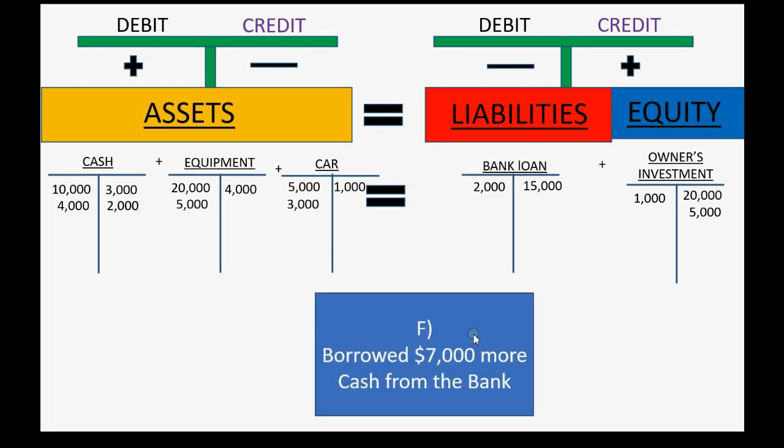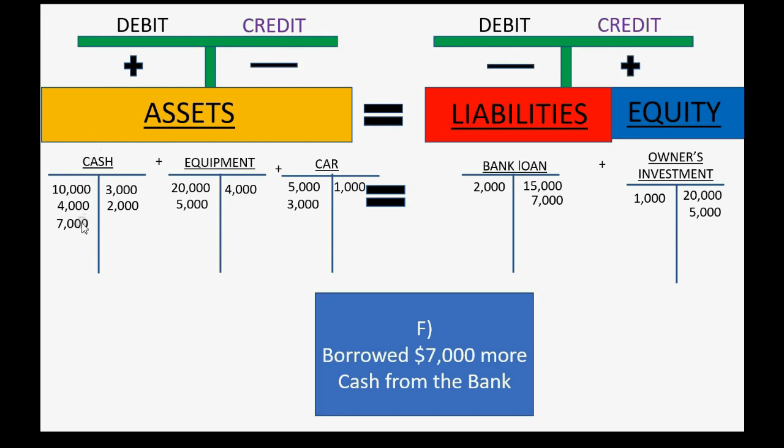Transaction F, borrowed $7,000 more from the bank. $7,000 more cash, that is. So cash will go up because we have more cash, but on the other hand, we owe more to the bank. And this T account represents what we owe. So cash is an asset, and because we have more cash, and cash is plus, cash is debit.